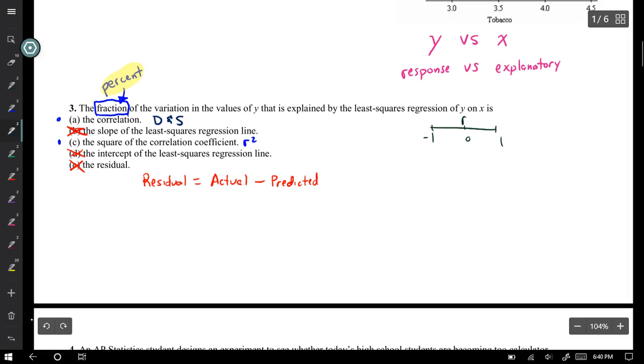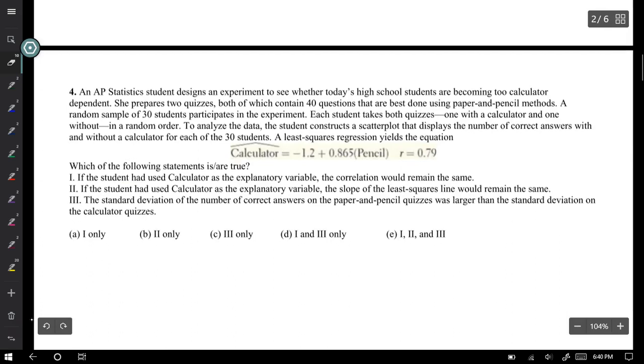The interpretation of R squared, without the context, is that R squared tells us the percent of variation in the values of y that is explained by the least squares regression of y on x. R tells us the direction and the strength of a correlation. So this is a good one: what's the difference between R and R squared?